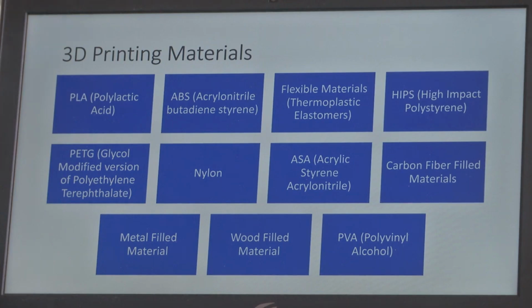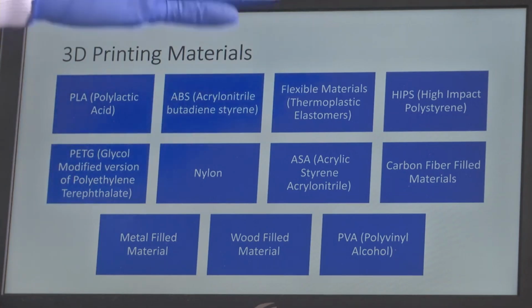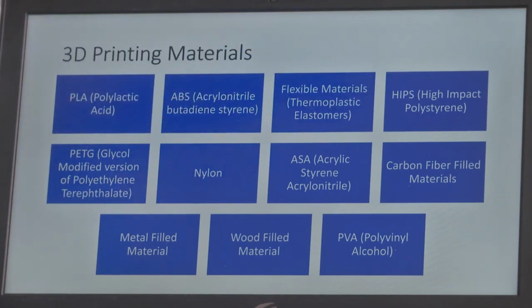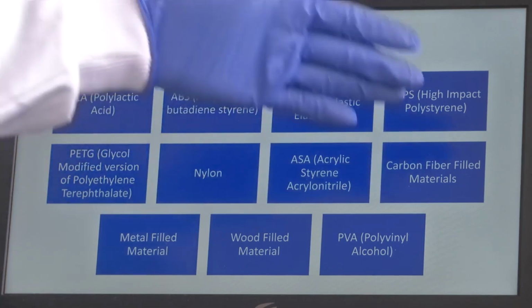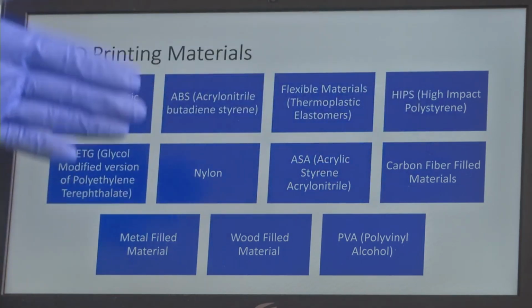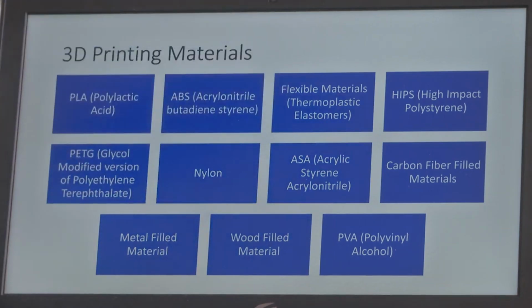Cost wise, PLA and ABS have the lower cost, and the flexible material, HIPS, nylon, ASA, carbon fiber filled material, metal filled material, wood filled material and PVA are of high cost.